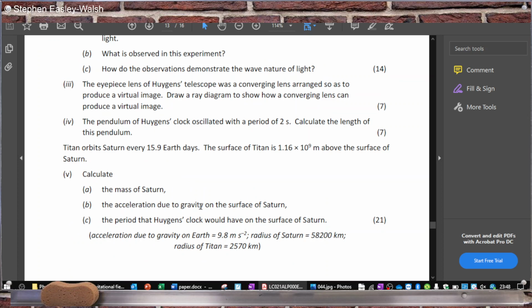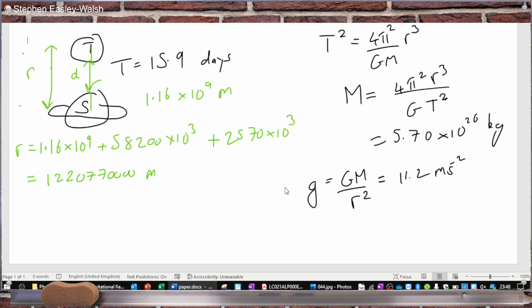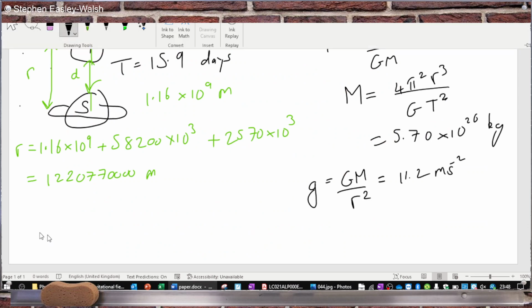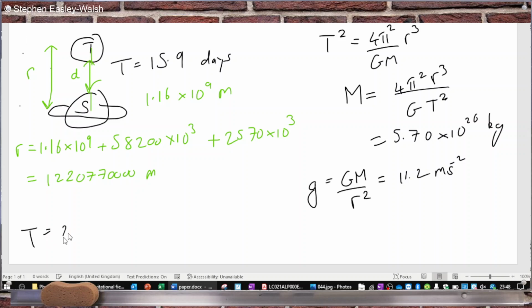The period that the clock pendulum would have. So let's get that now. The period would be T equals 2 pi root L over g. I think it was like 992 or something.